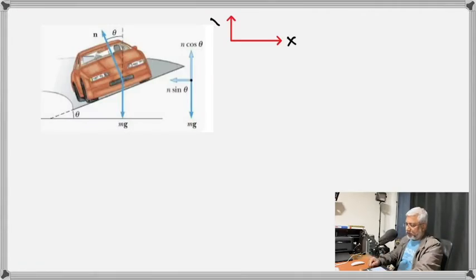So look at how the free body diagram has been set up. Take a look at the forces. The weight of the car always acts vertically down. Weight of anything acts vertically down. This is the normal force. It has to be perpendicular to the road. Here's the angle of banking.